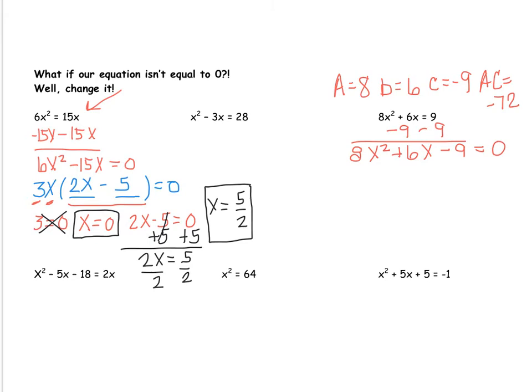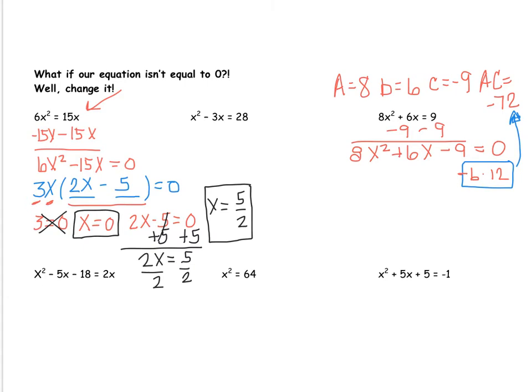So negative 6 times 12 gives me negative 72. But when I add them together, it gives me positive 6. So this right here is my money term. This is what I want right here.